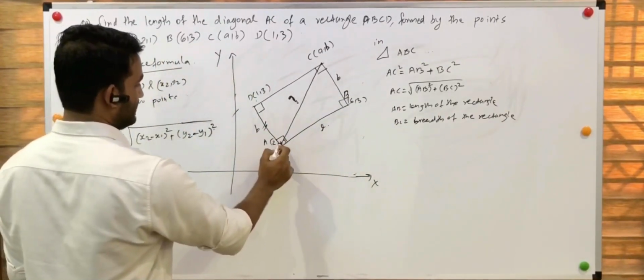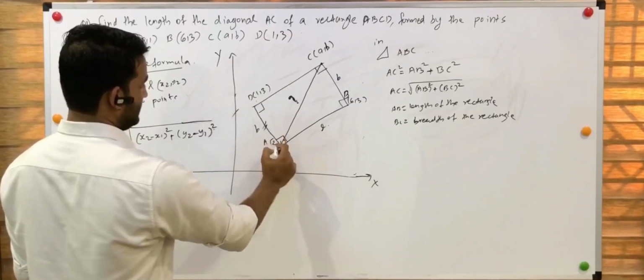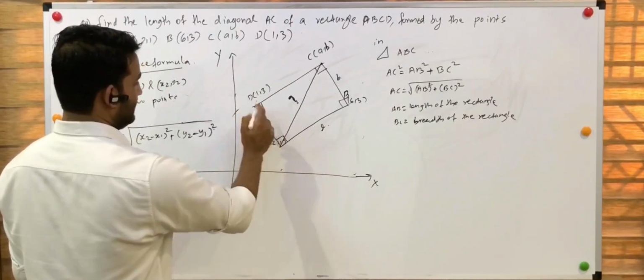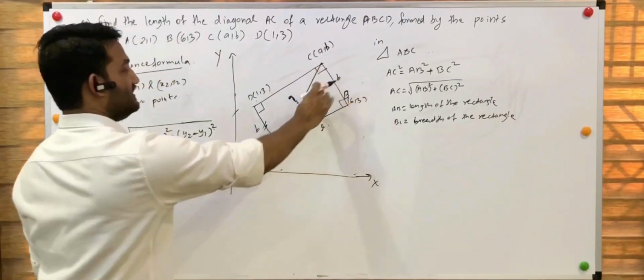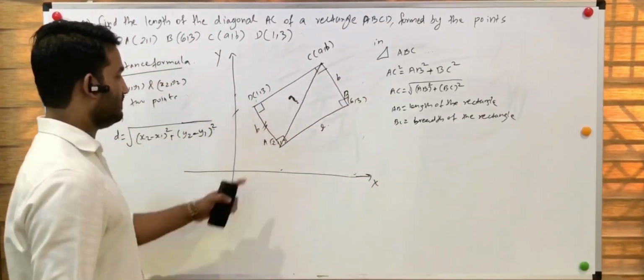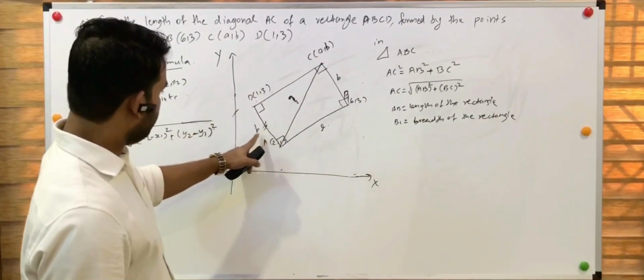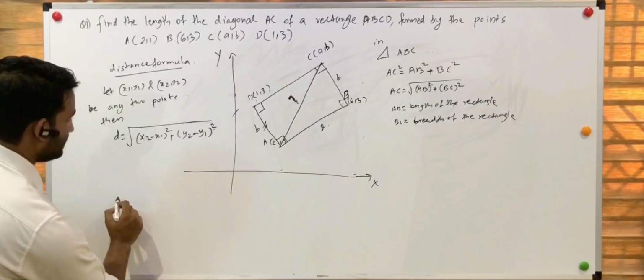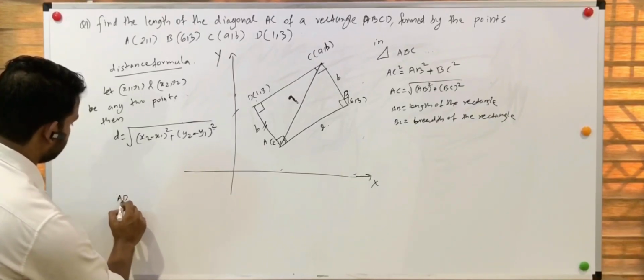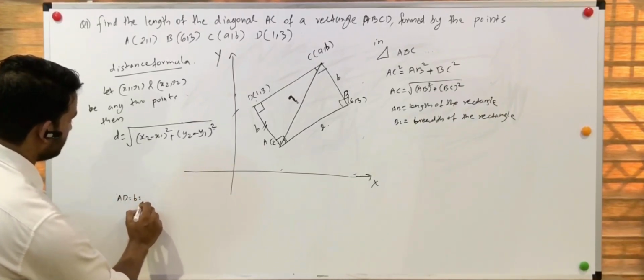Once we find the breadth using the distance formula, see AD is equal to BC. Since this is a rectangle, opposite sides are equal, so we can find the breadth using the distance formula. The length AD, that is equal to breadth.